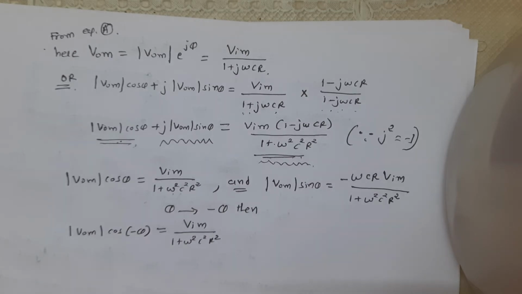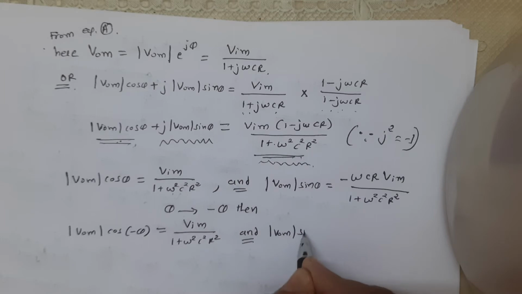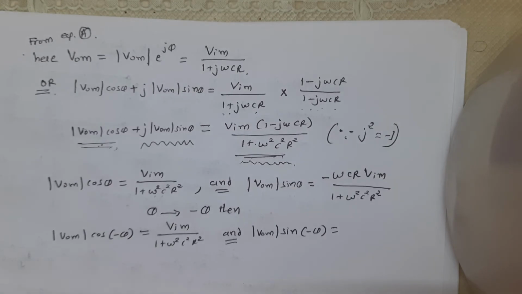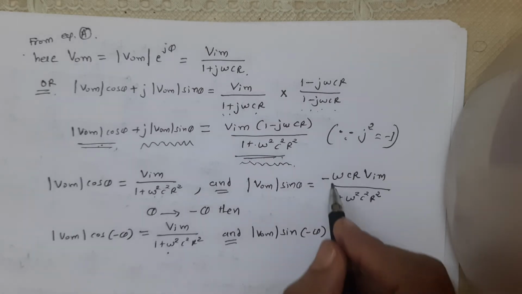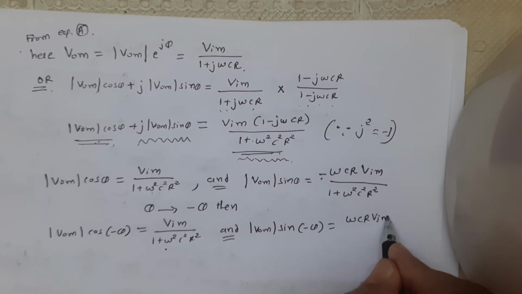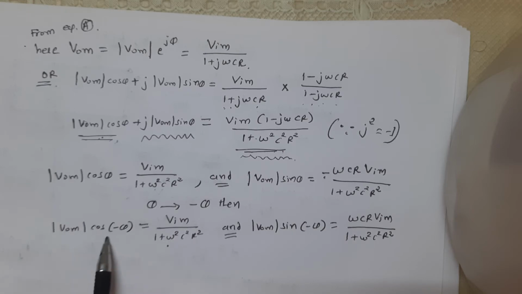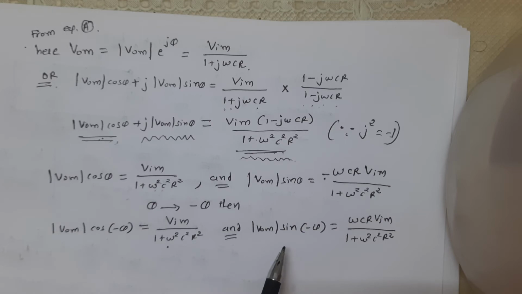And modulus of VOM sine of minus theta is equal to, that means sine of minus theta is minus 1, cos of minus theta is plus 1. So there is no change here, but here the sign, instead of negative, we write positive: omega CR VIM upon 1 plus omega square C square R square. So in this way we are getting cos of minus theta and sine of minus theta, the real part when theta is equal to minus theta, and the imaginary part when theta is equal to minus theta.